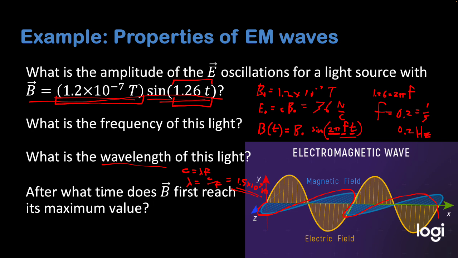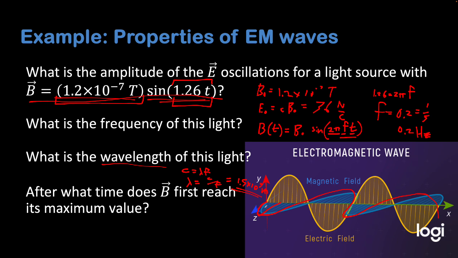And then we could think, okay, what time does B reach its first maximum value? If we start from t equals 0, sine of 0 is 0. So we would need to go up to here, which is 1/4 of one full oscillation.